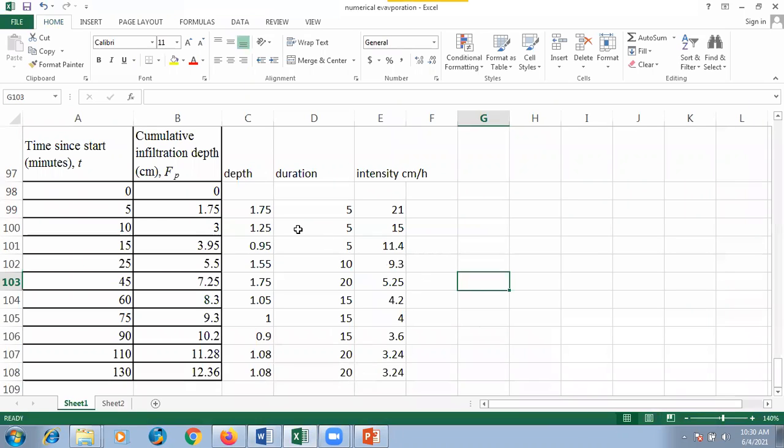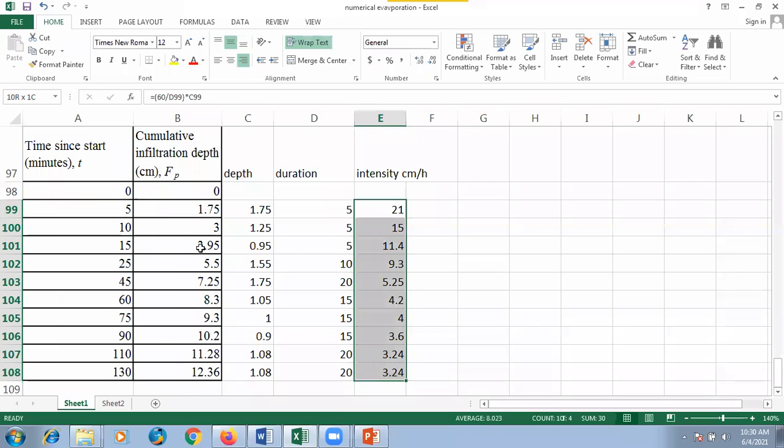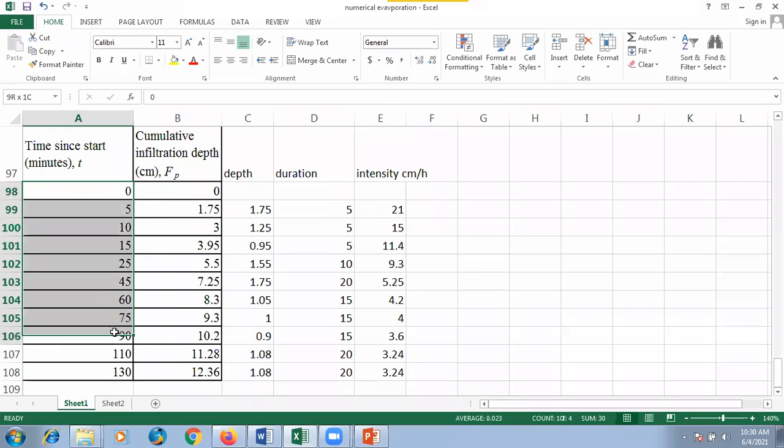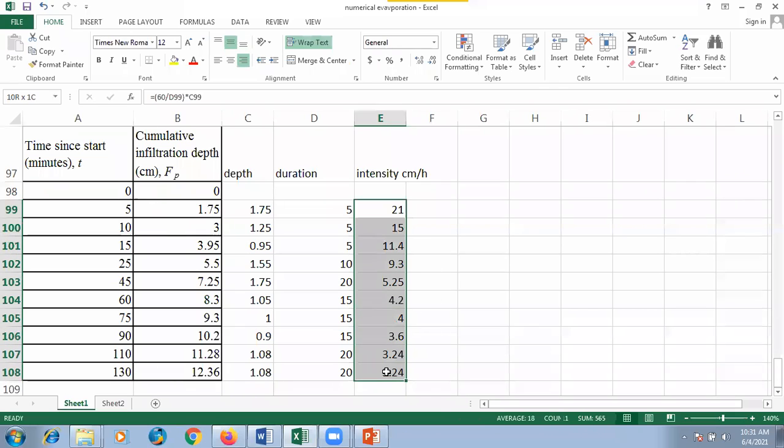So let me just show this as a function of time t. This is your time t. This is your intensity. This is time in minutes. This is your intensity. Suppose if you wish to plot this, how are you going to do this? So let me just show you how this can be plotted.